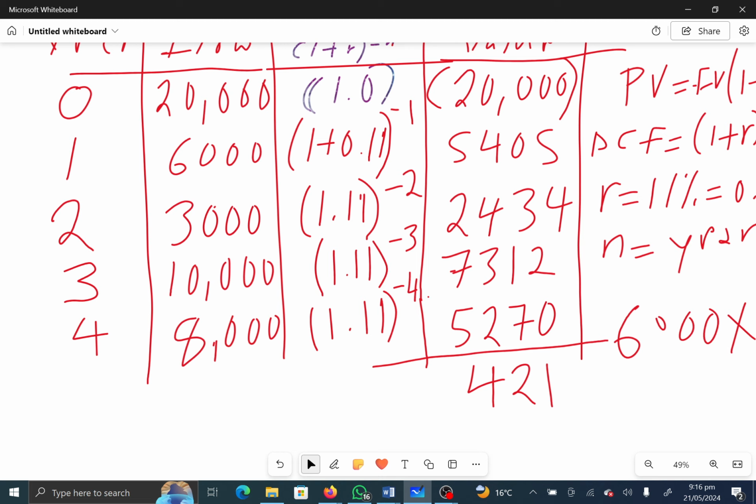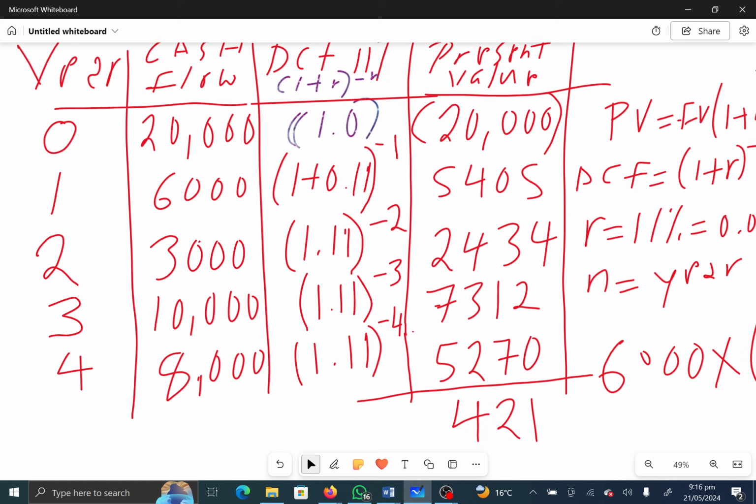Oh, yeah. Yes. So from our definition of NPV, this is the net of all the present values. Now, sorry to take it back. Why is 20,000 negative?